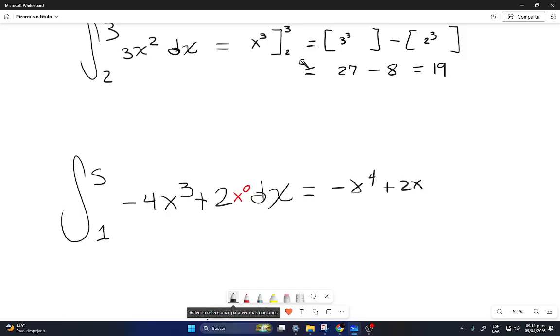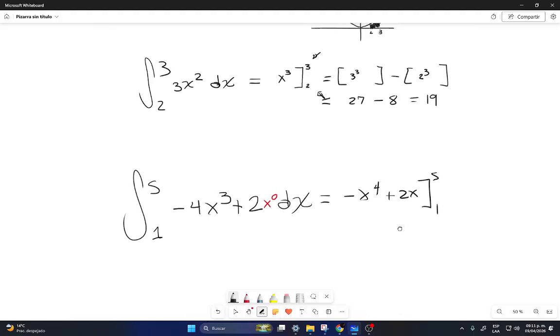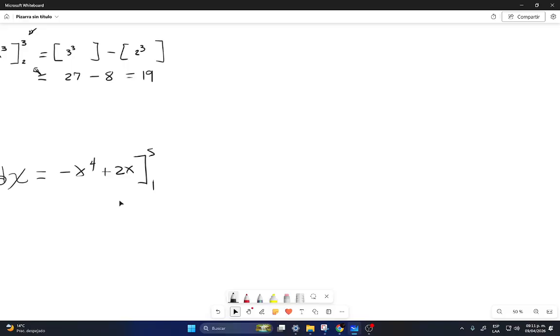2x. And remember, since we are dealing with definite integrals, we are going to use this square bracket to make sure to know that it's between 1 and 5. And then we evaluate this function in 5 and subtract it with this function in 1.